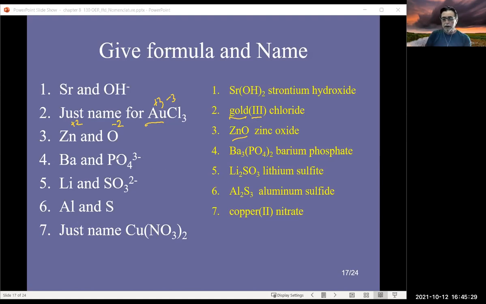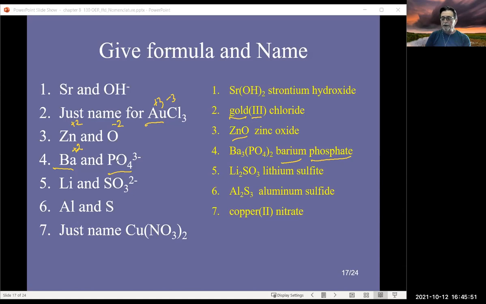Okay. This is the polyatomic ion phosphate. Okay. And this is barium. Okay. So the name is barium phosphate. The formula we have to put together, find a common number because the barium is a group 2 element, it's a +2.